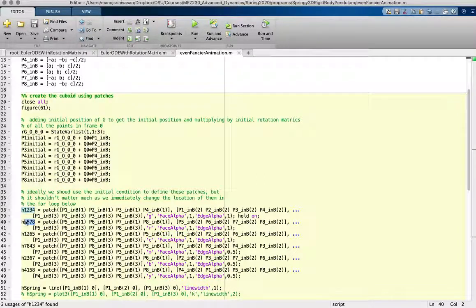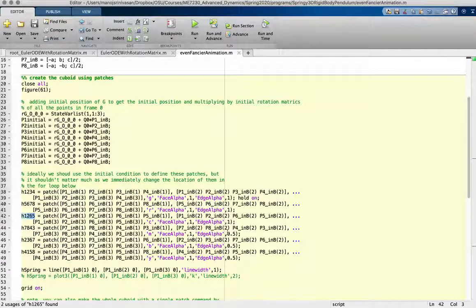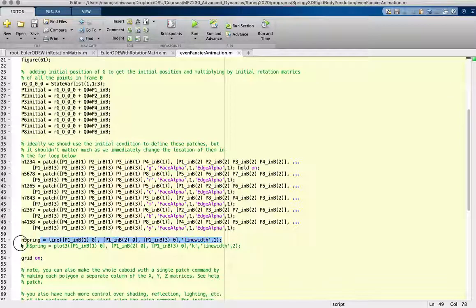This is the face consisting of points 5, 6, 7, 8. Face 1, 2, 6, 5, etc. I'm going to set them all equal to 1 so that they're all not transparent. And then we are drawing a line that connects point P1. Well, it doesn't matter, I guess. P1 initial.